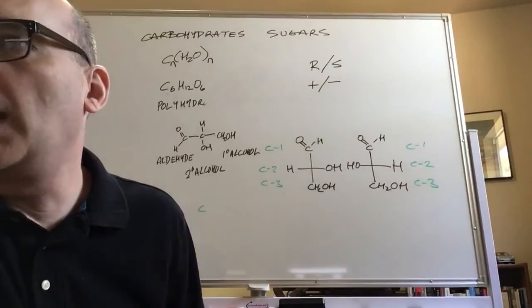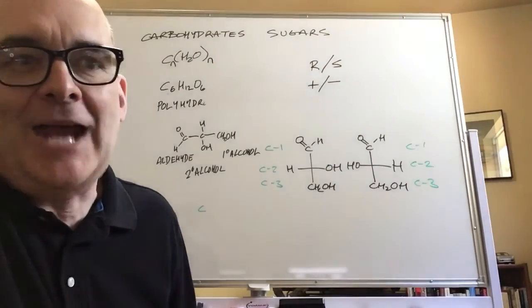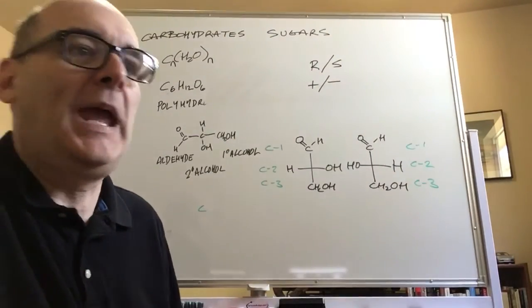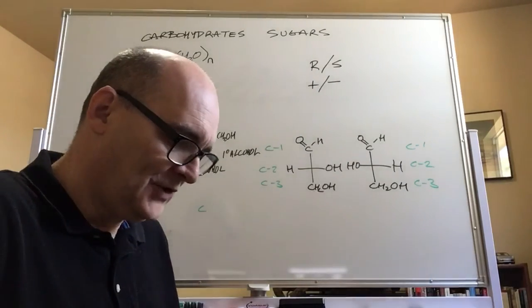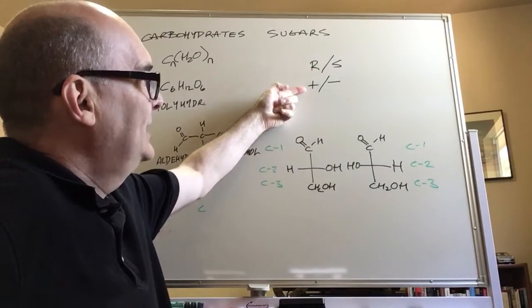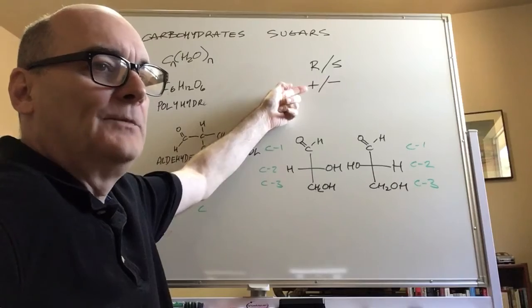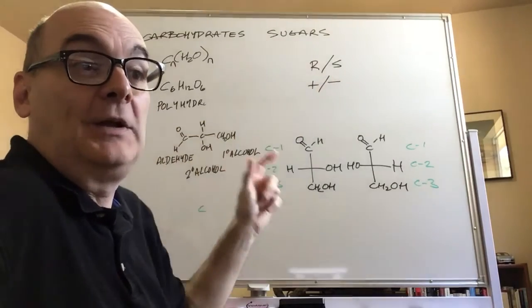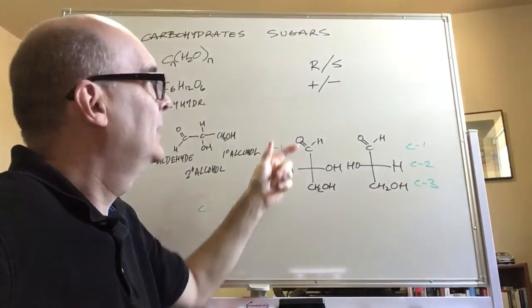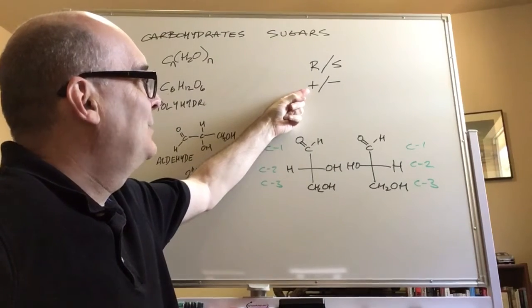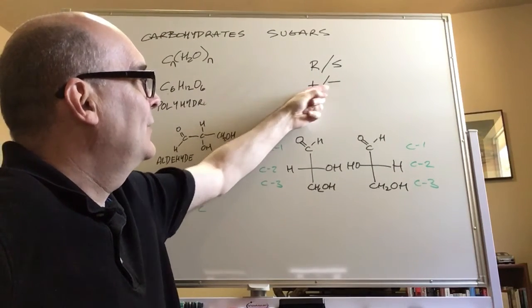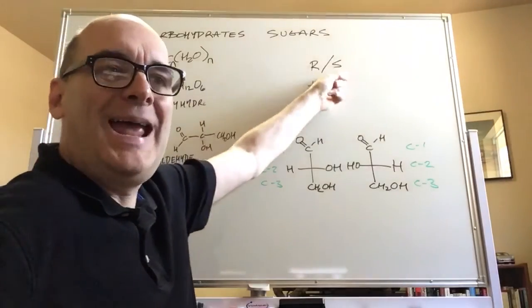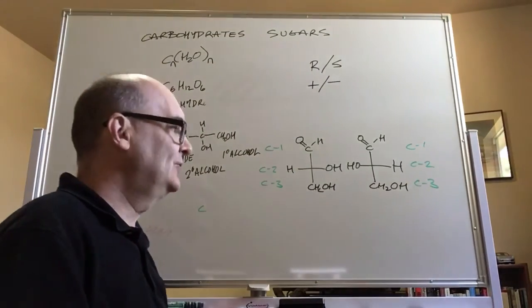The plus and minus, remember, are the actual physical behavior. Does it rotate light to the right or to the left? If you put a solution of this in a polarimeter, would it bend plane polarized light to the right or to the left? And then R and S, it's just a naming convention.